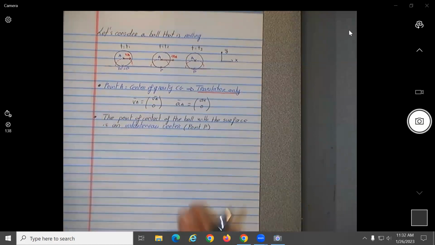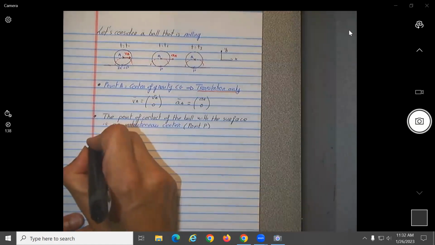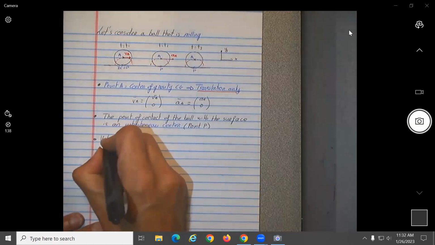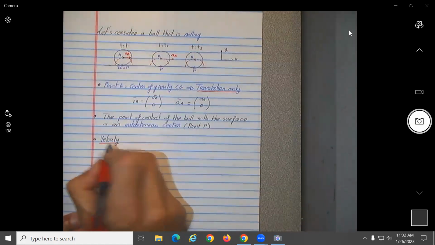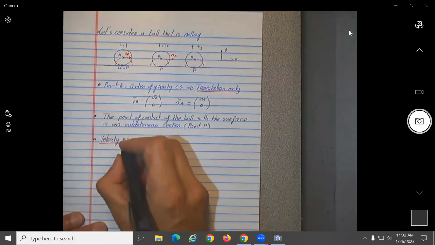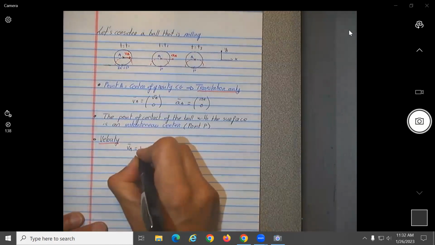All right, so the velocity is going to be easy, and there is no problem at all. So let's say we want to calculate the velocity of point A from the instantaneous center. What would that be?